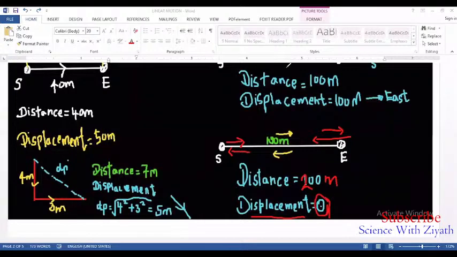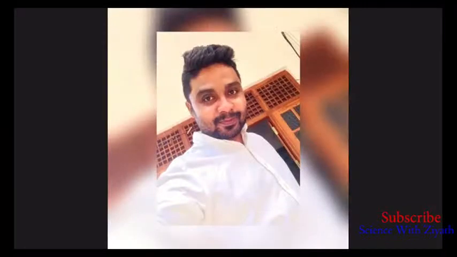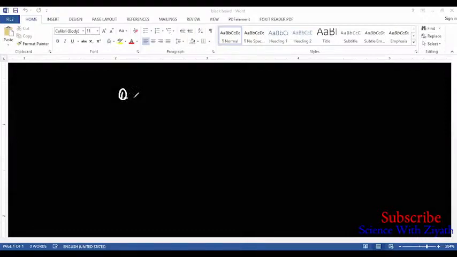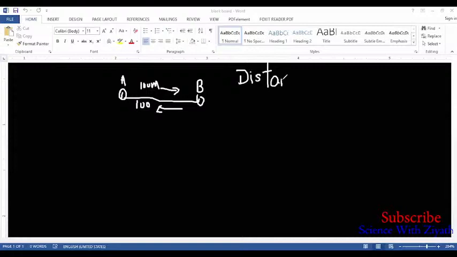Look at what I am saying. If an object moves from one point to another, for example from A to B, and comes back again, and it went 100 meters and came back 100 meters, then the total distance would be how much? 200 meters, and it reached the starting point.